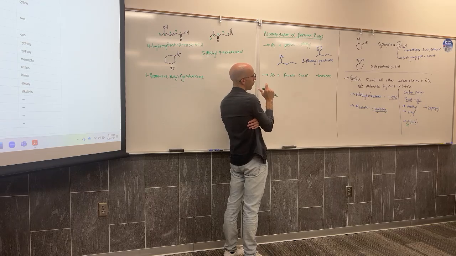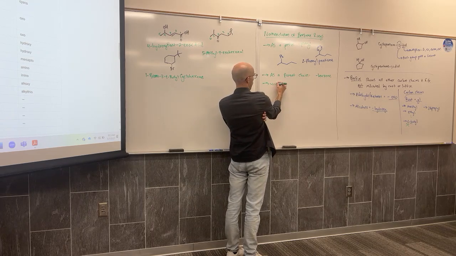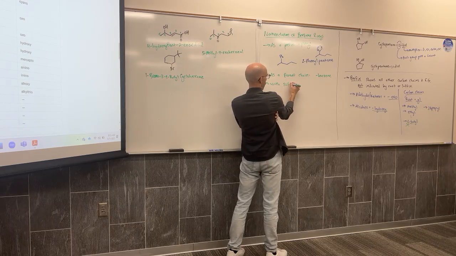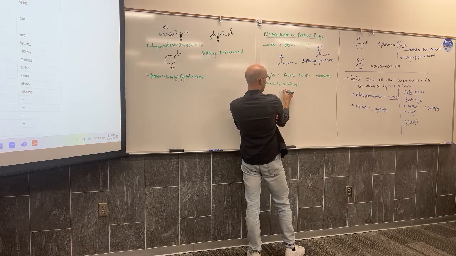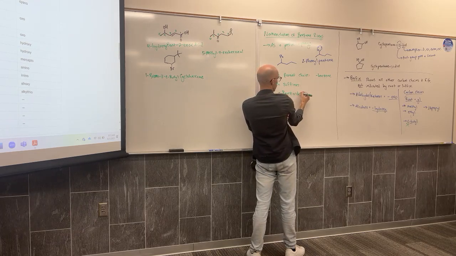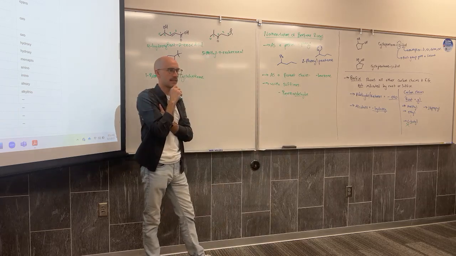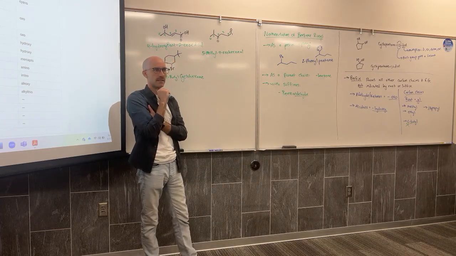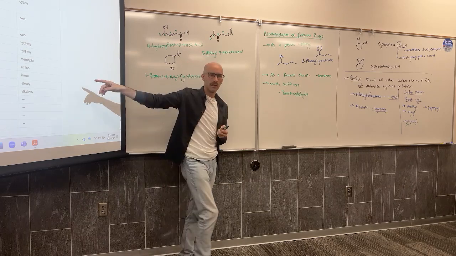But we can also add suffixes. So we can have things like benzaldehyde, and the aldehyde acts as a suffix. It tells me I've got a benzene ring, and then off of it I've got an aldehyde.